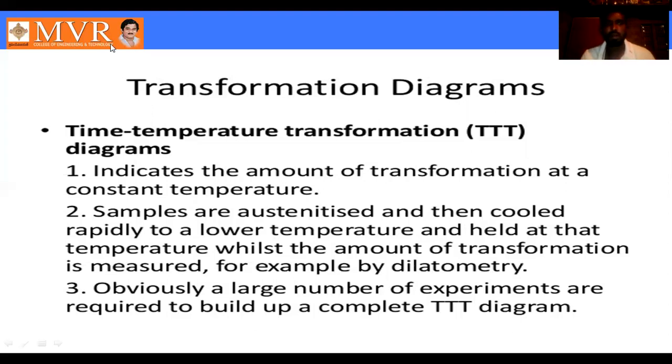Samples are austenitized and then cooled rapidly to a lower temperature and held at that temperature, and the amount of transformation is measured, for example, by dilatometry. So when we take the austenite temperature and cool rapidly to a set lower temperature and hold it there, the amount of transformation is measured.